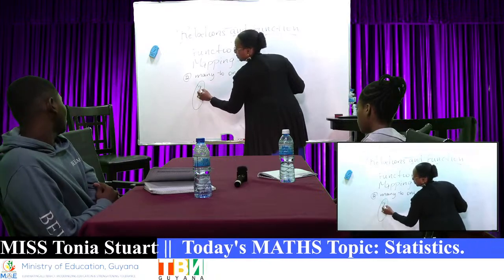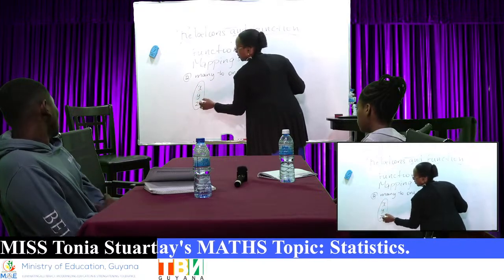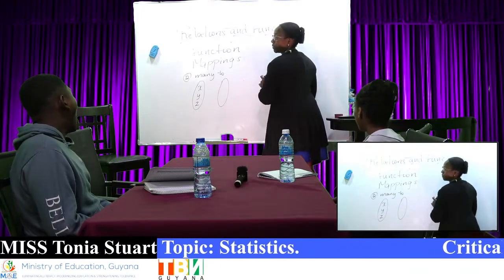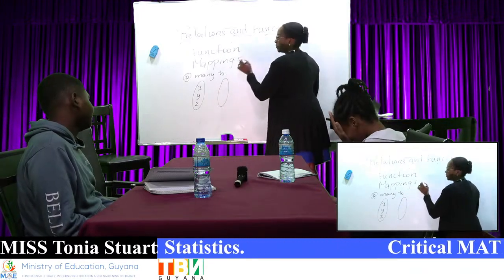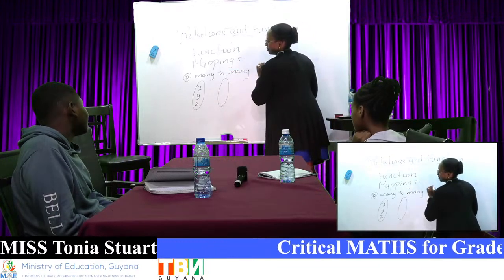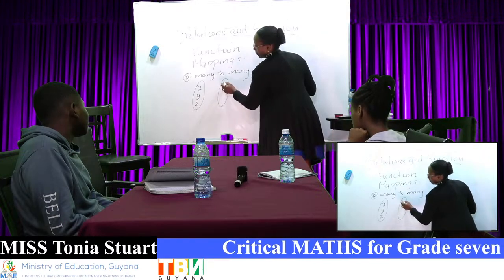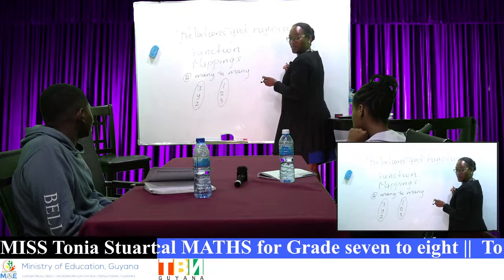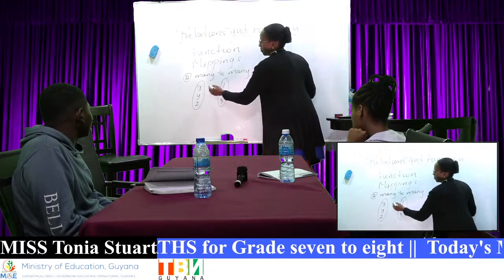So we have X, Y, Z. Is that correct? Many to one. No, miss. What is supposed to be? Many to many. Great. So we have 1, 2, 3. This gets a little confusing when we map it now.